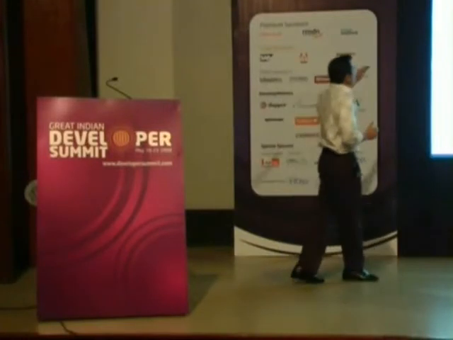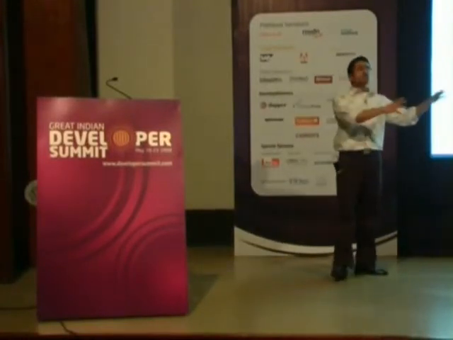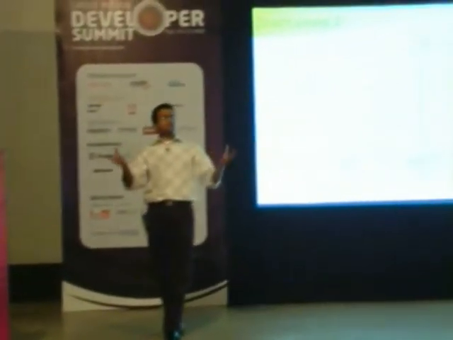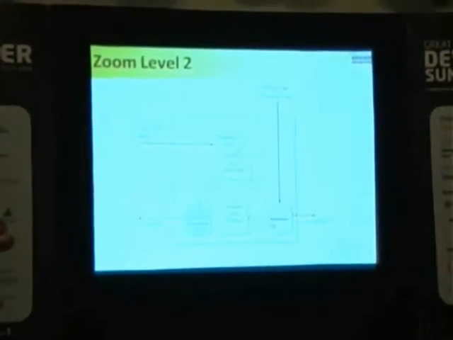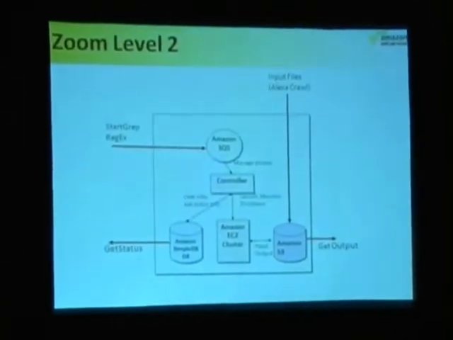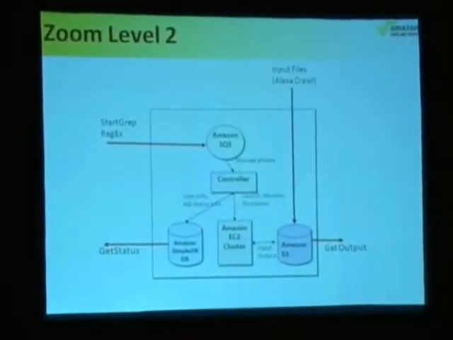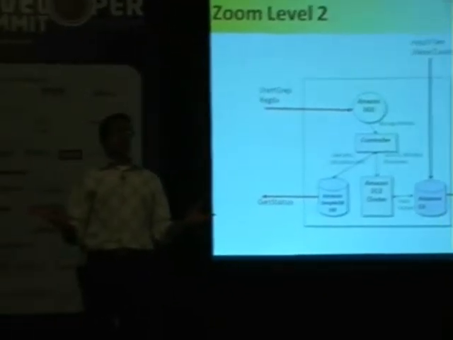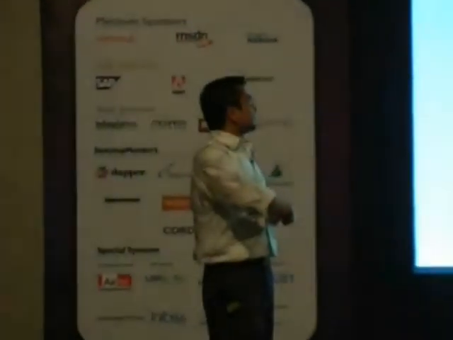On a start of a regular expression, something gets queued. A controller, a simple Java controller, is managing the different phases of that process: launching the instances in the first place, calling other functions, storing statuses in the database so that I can query and get the statuses, and getting the documents itself.